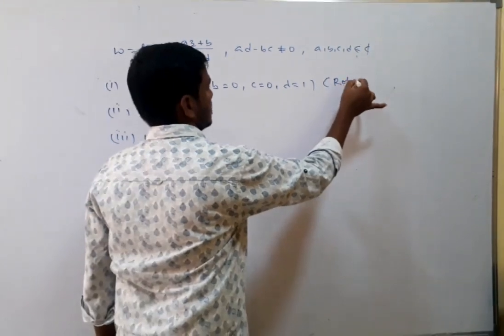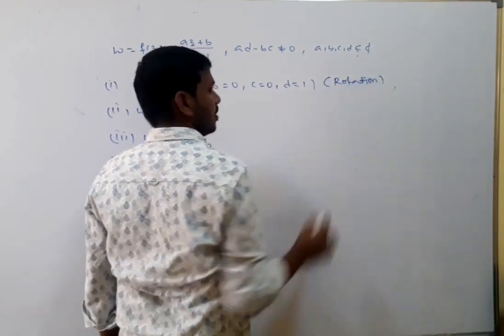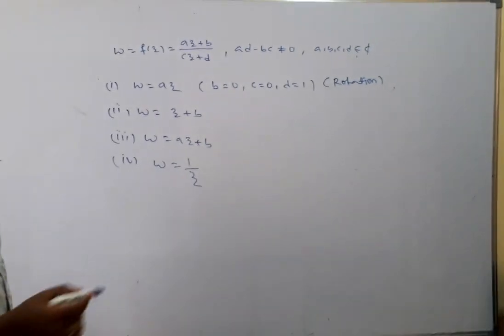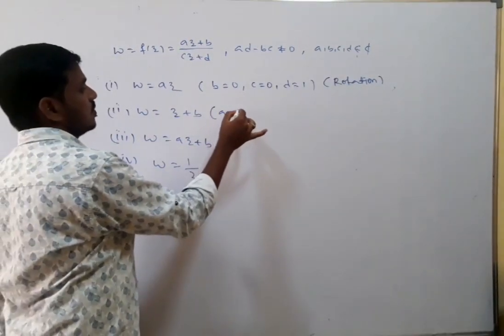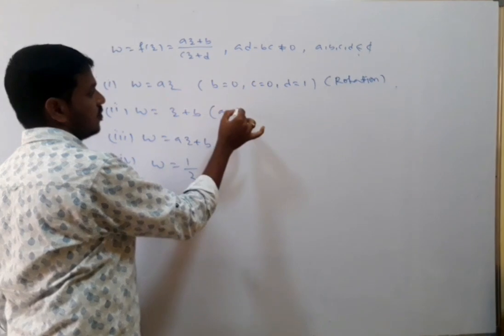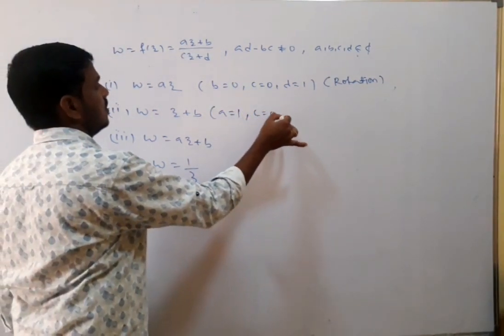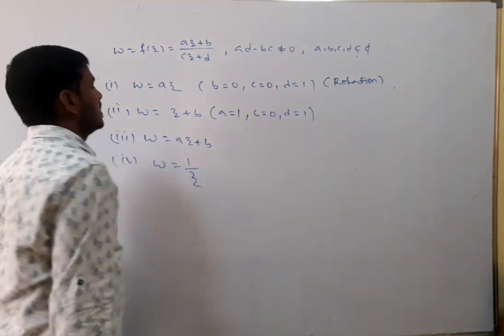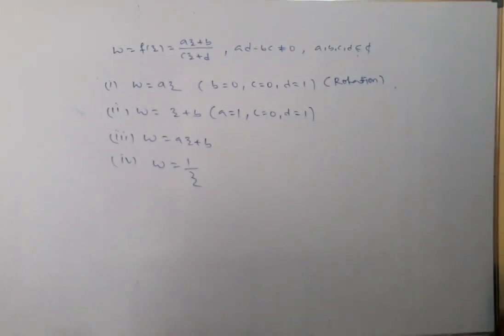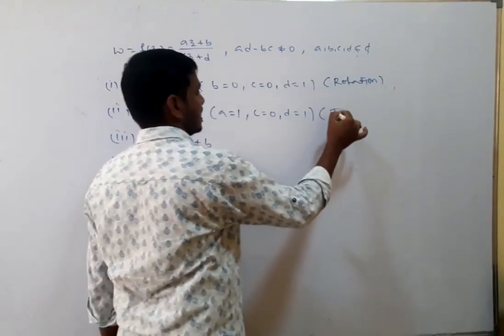This is the rotation transformation, so the rotation transformation is also bilinear. Next, w equals z plus b. Here a equals 1, b is any b, c equals 0, d equals 1. So in this case, w equals z plus b, and this transformation is the translation.